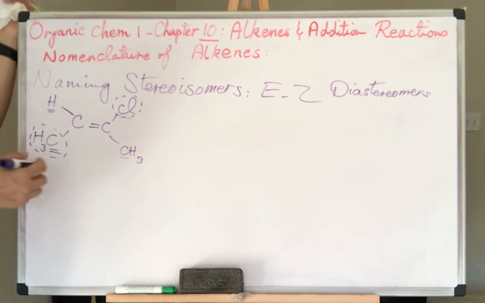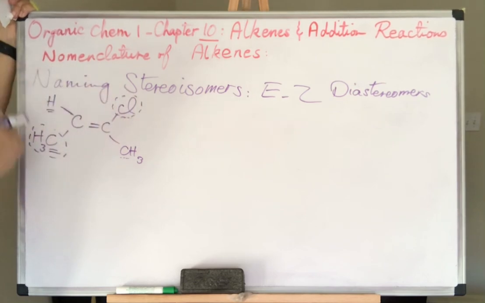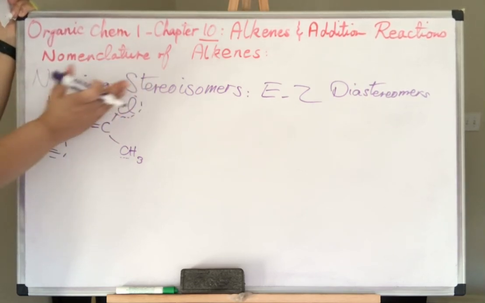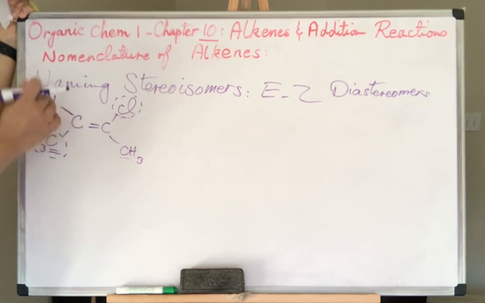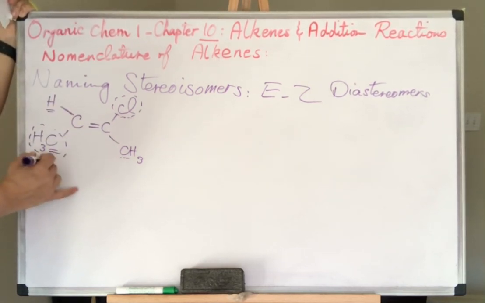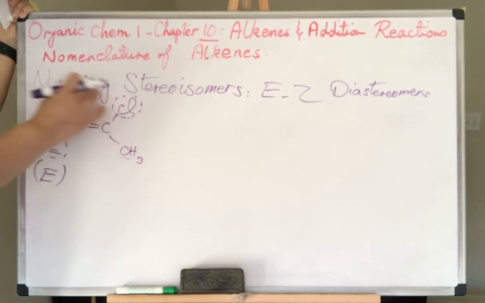So now this is when the 2 prior groups are on 2 opposite sides. You see, you don't have a hydrogen here. You cannot call them cis and trans. Now you call it E and you put it in parentheses. E is similar to, equivalent to like trans, but it's used for when you don't have 1 hydrogen on each carbon.